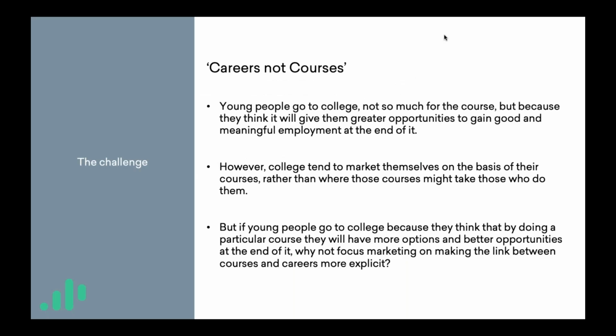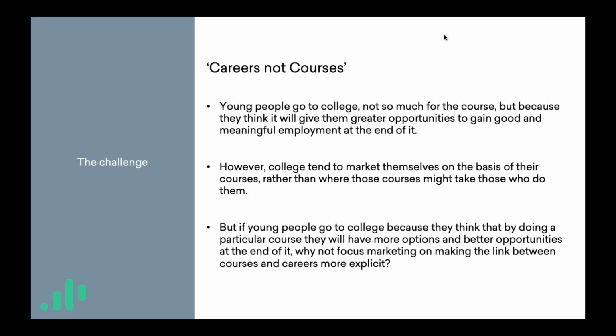So when we think about engaging with potential or existing learners, we might not naturally think about labour market data straight away. So how can this help us promote the college and attract the students? We know that young people often go to college not so much for the course itself, but they think, or they're told, that it will give them greater opportunities to gain good and meaningful employment at the end of it.